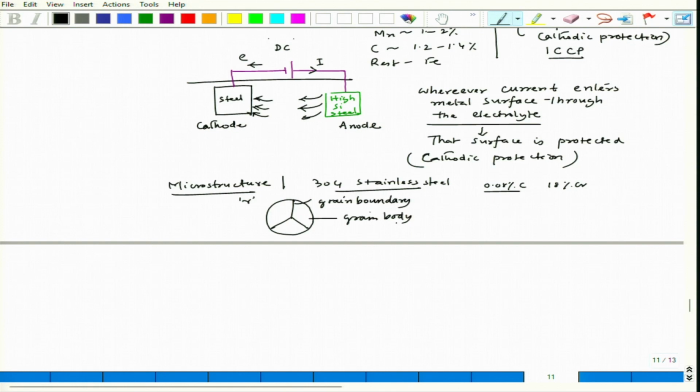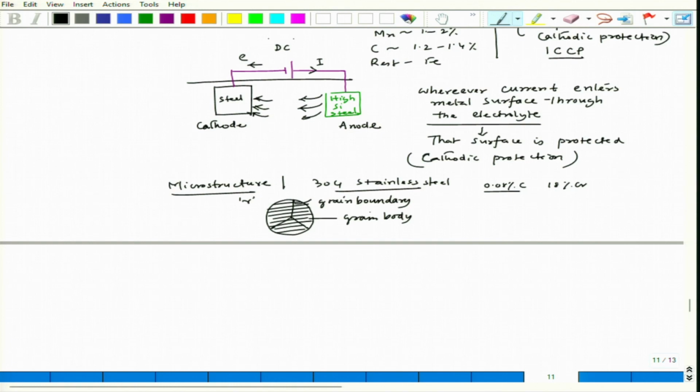Now, chromium should be present uniformly, and everywhere on an average it should be 18 weight percent of chromium. So, when it is 18 weight percent of chromium everywhere, whenever it is exposed to the corrosive, it will form a kind of uniform chromium oxide layer. So, it will be passivated uniformly over the grain boundary as well as grain body.